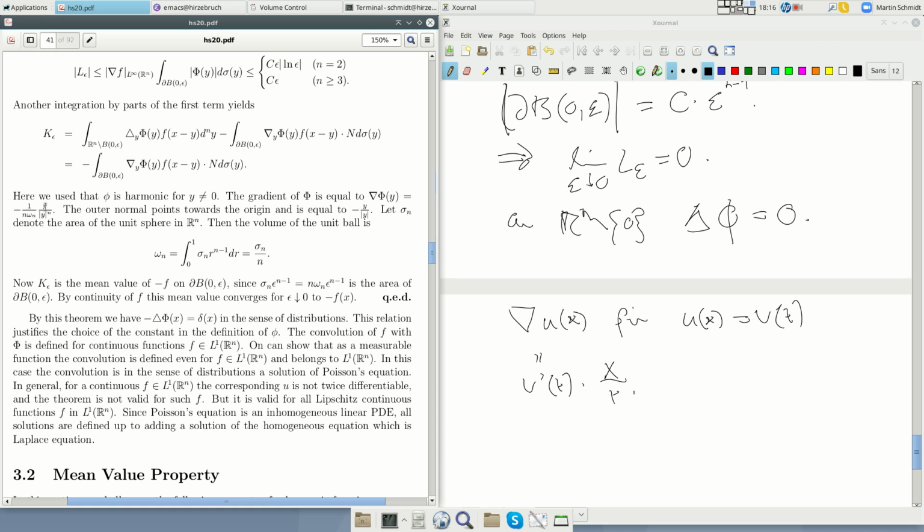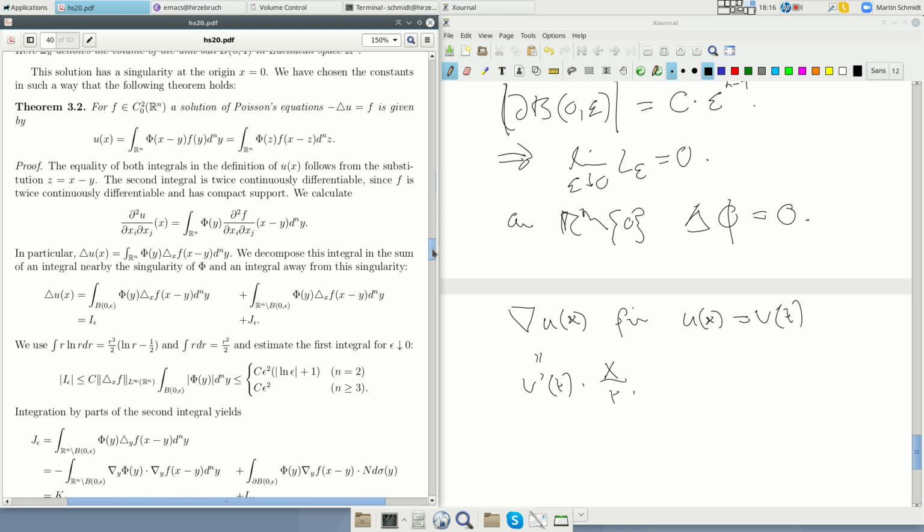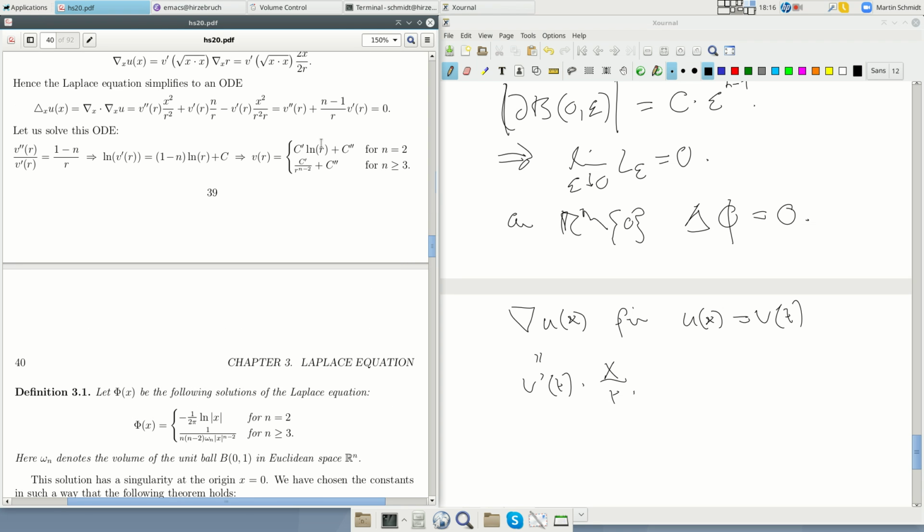Then we get y over r, and the derivative. Recall, this is our definition. Here we get this factor times 1 over r, and here we get n minus 2, which cancels with this n minus 2, times x to the power of n minus 1.